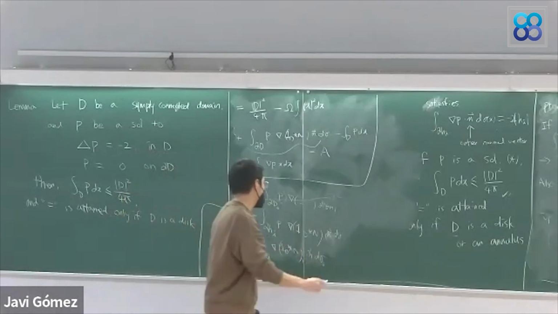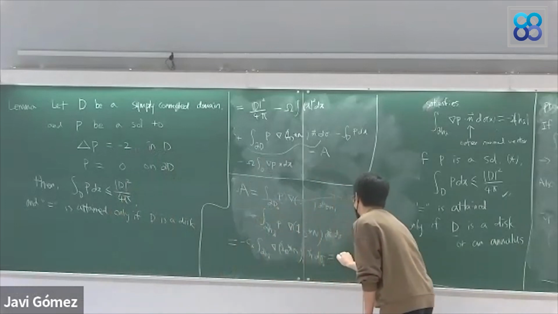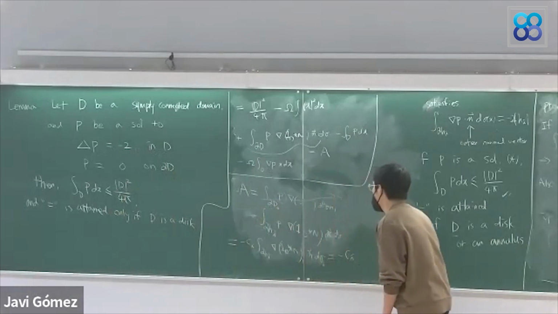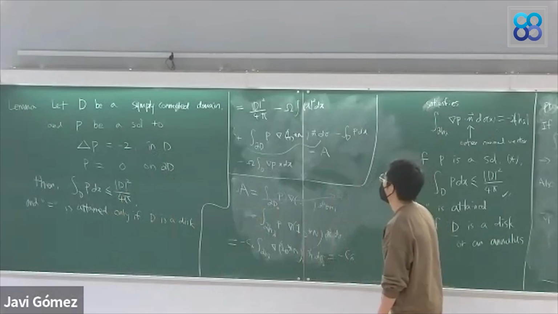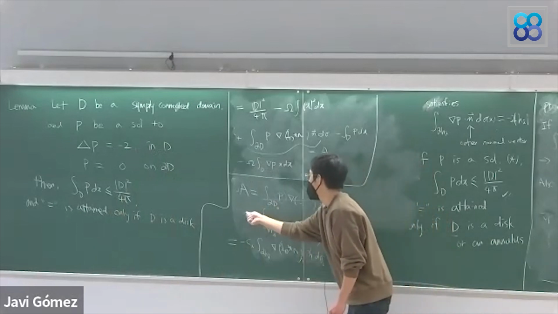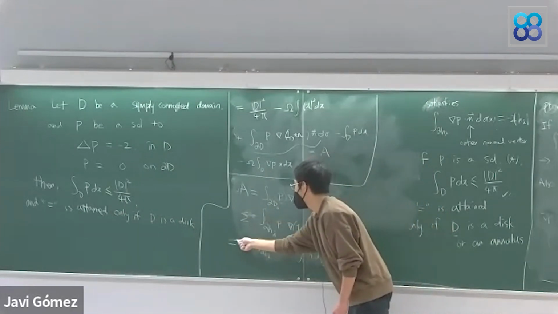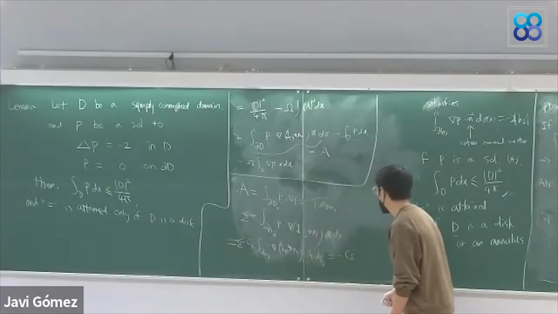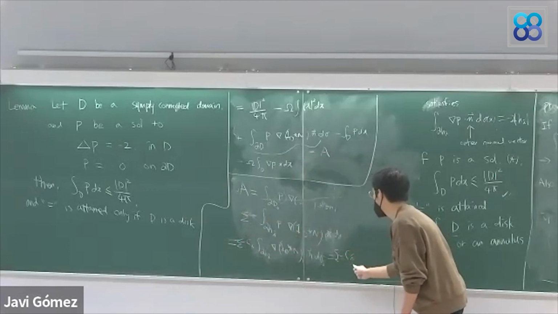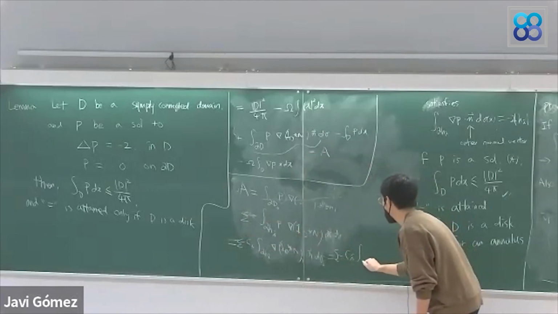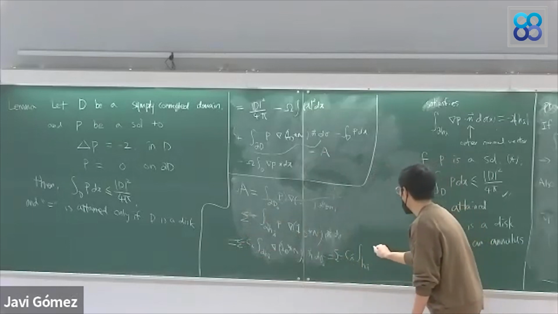And again, the Stokes theorem says that this is negative Ci times the summation over i, we integrate on the whole of the Laplacian of the convolution.